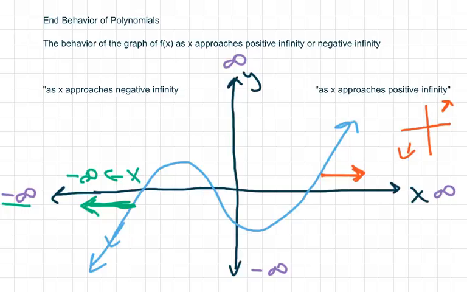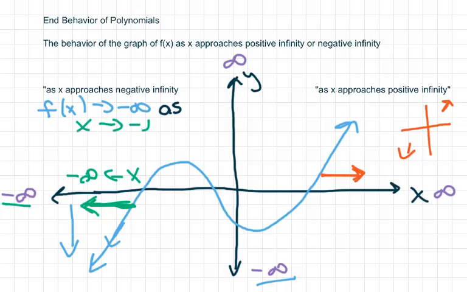The y portion, your f of x, is going to negative infinity. So f of x, or y, approaches negative infinity as x approaches negative infinity.